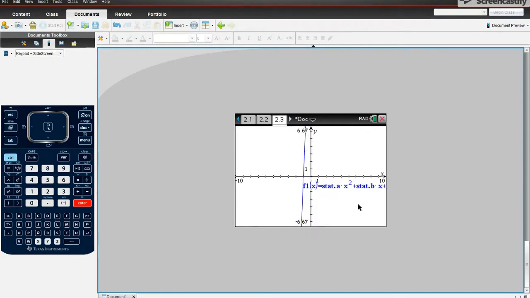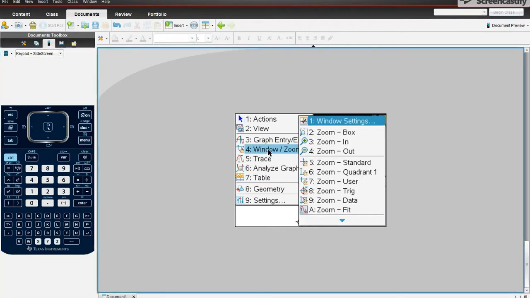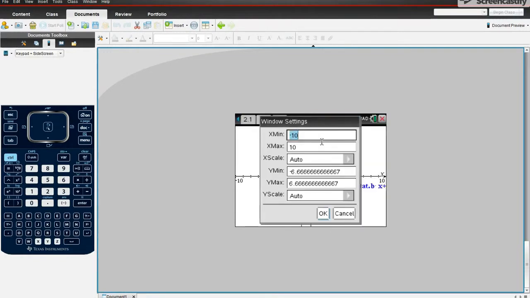Now obviously my picture is pretty big, so here's what we're going to do. We're going to menu 4, 1, and we're going to change the settings so that they match our data. So our data starts at 20, so my min needs to be slightly smaller than that. I'll pick 10, and my max is 70 for x's, so I'm going to go up to 80.